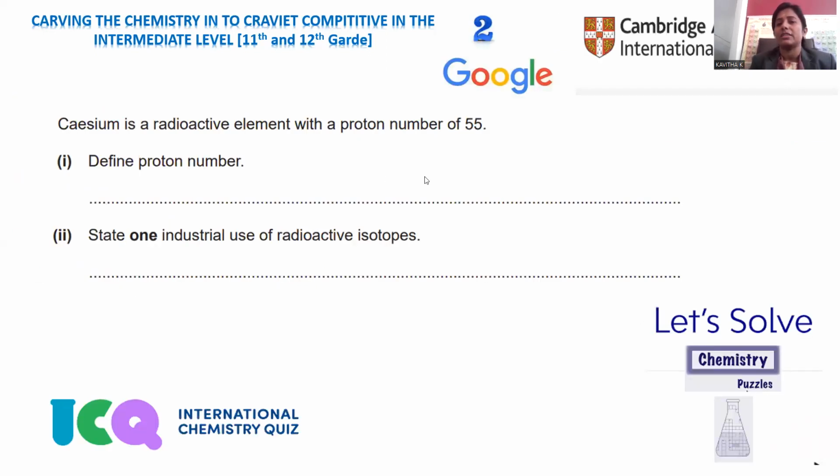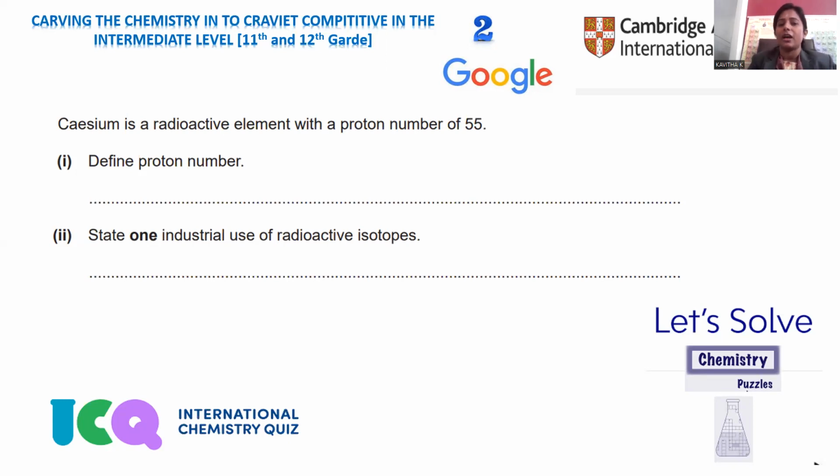This question number 2 is collected from Cambridge Assessment International Education, and as per this, cesium is a radioactive element with a proton number of 55. Any element is said to be radioactive if it has the tendency to emit radiation in terms of alpha rays, beta rays, or gamma rays.